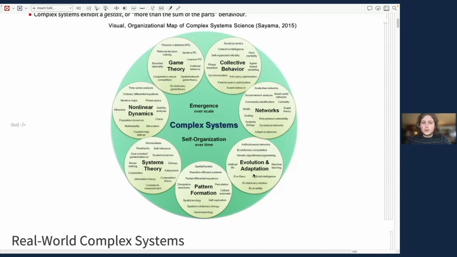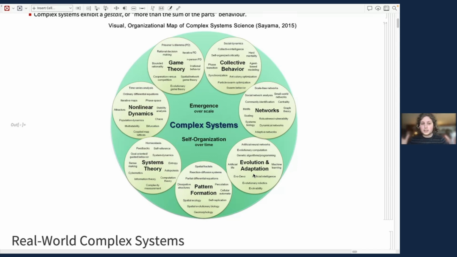This is a visual organizational map of complex systems from a textbook by Sayama, which gives you an idea of the topics, the subfields that are typically contained within the complex systems umbrella. You can see this is quite a broad umbrella.